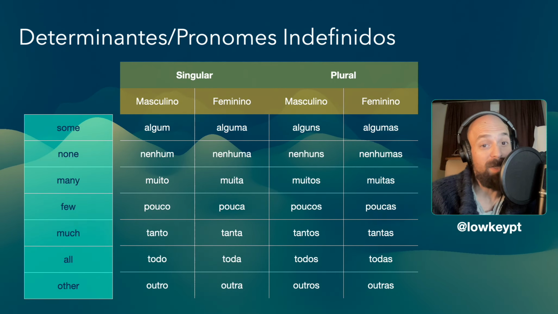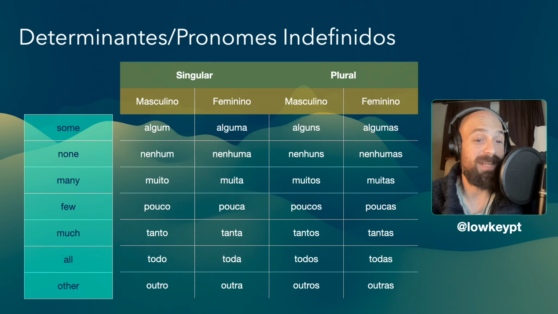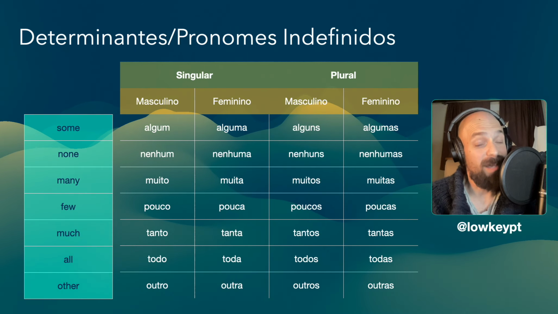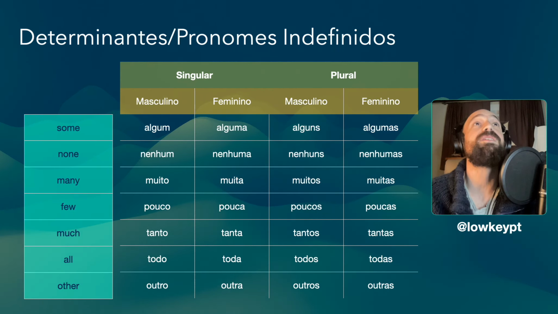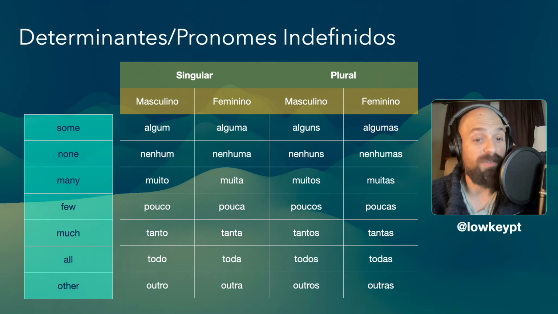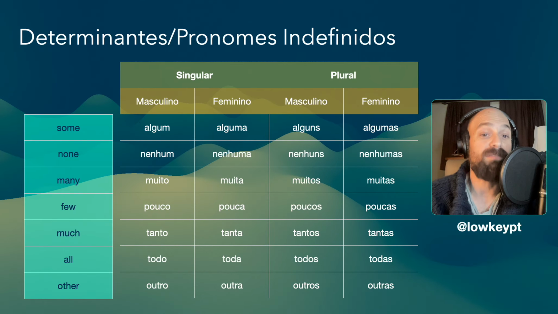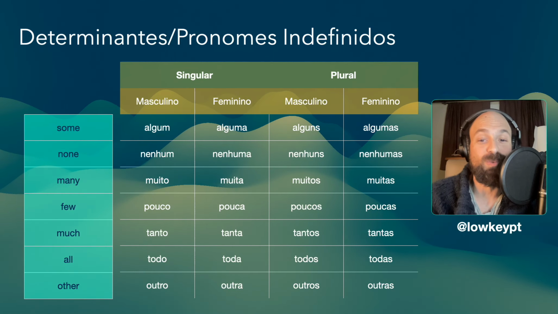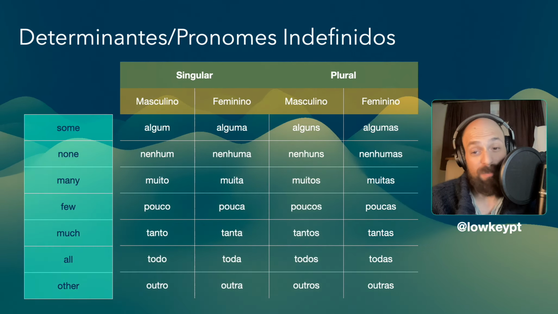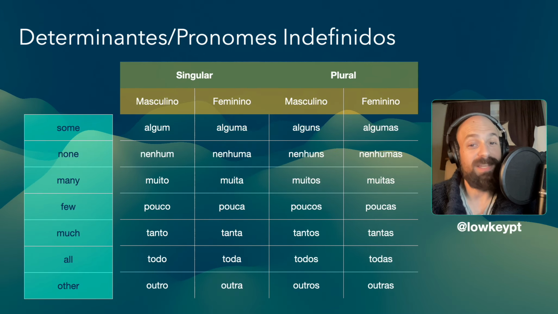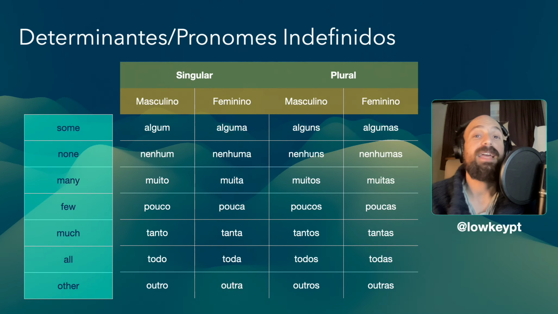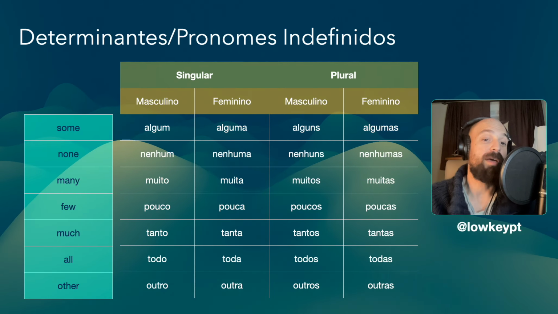This would be used as a determinant, and we just saw on the previous screen that some also can come across with the same meaning, or the word any in English also has this meaning of algum, alguma, alguns, and algumas.